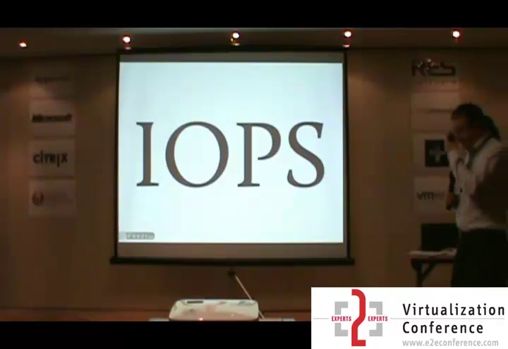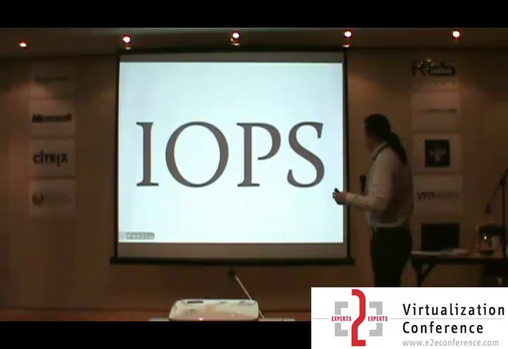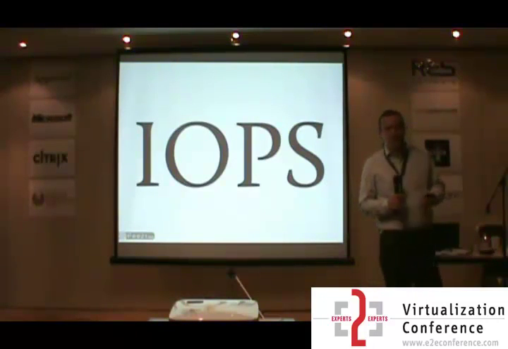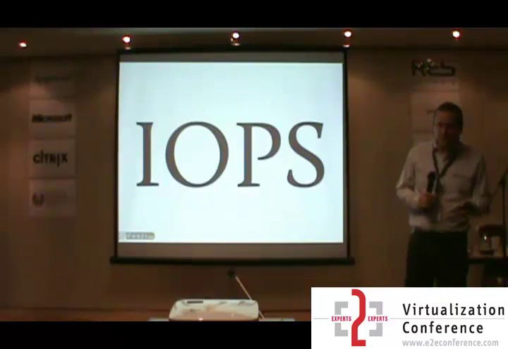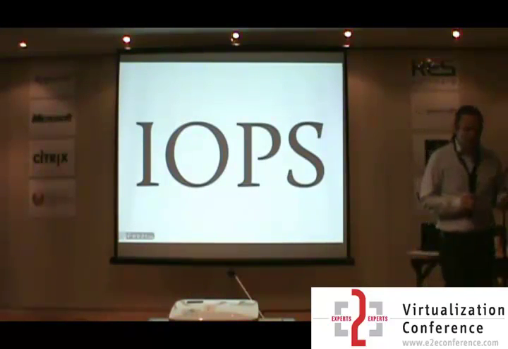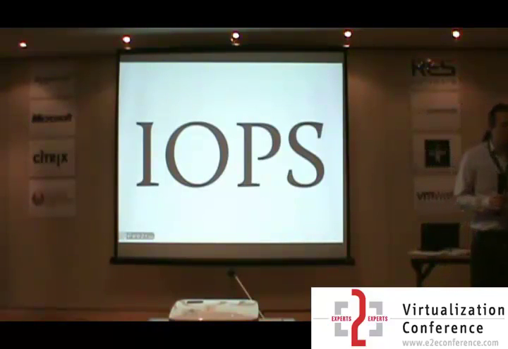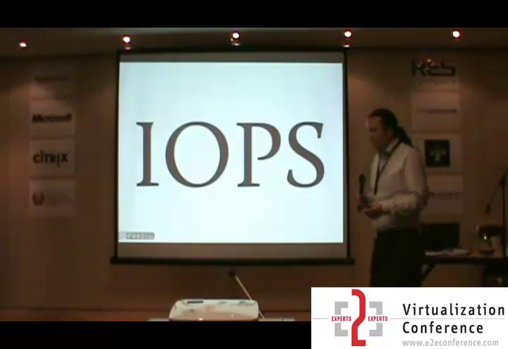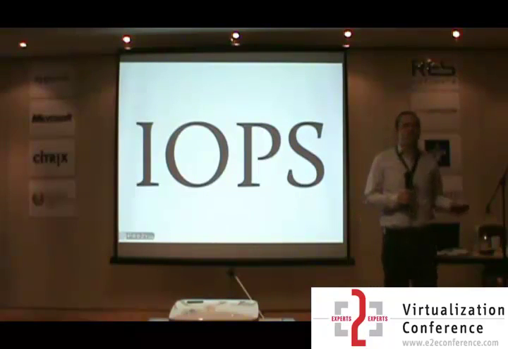So, if we think of it back in the old pre-virtualization days, when you have one physical box, one OS, then we had a couple of spinning disks, maybe a bit of RAID 5, maybe some mirroring, but we knew that that was the performance of the physical disk.